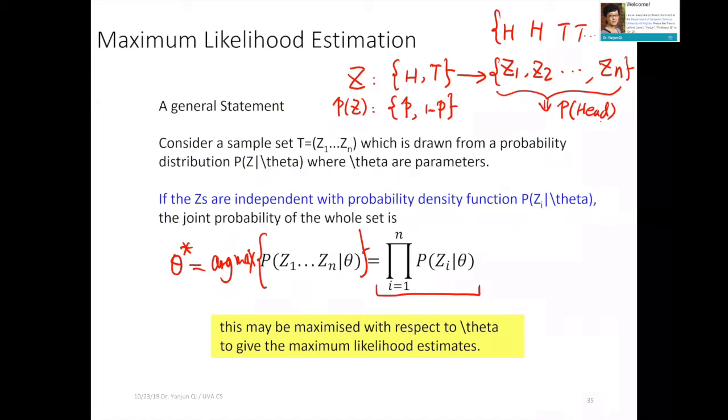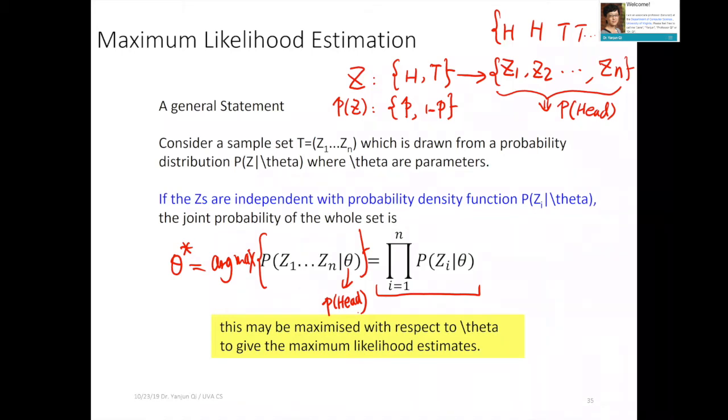The way to construct this likelihood function is to estimate the joint probability P of z1 until zn, and in this case the theta in the basic Bernoulli is our p hat. Like I mentioned in the beginning, the majority of machine learning methods assume samples are IID, independent and identically distributed.